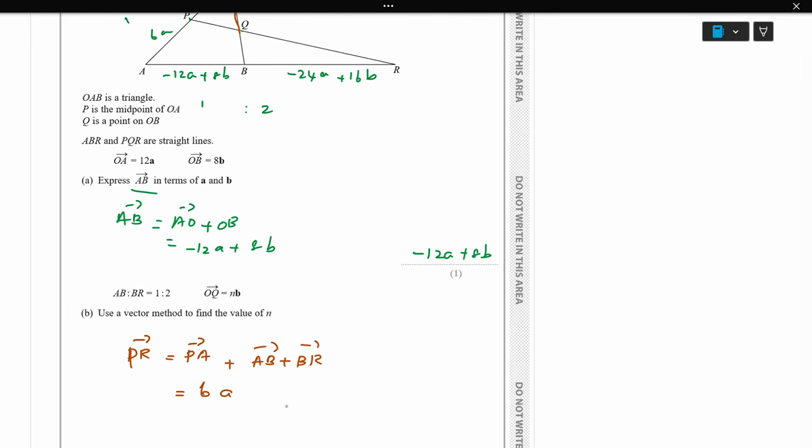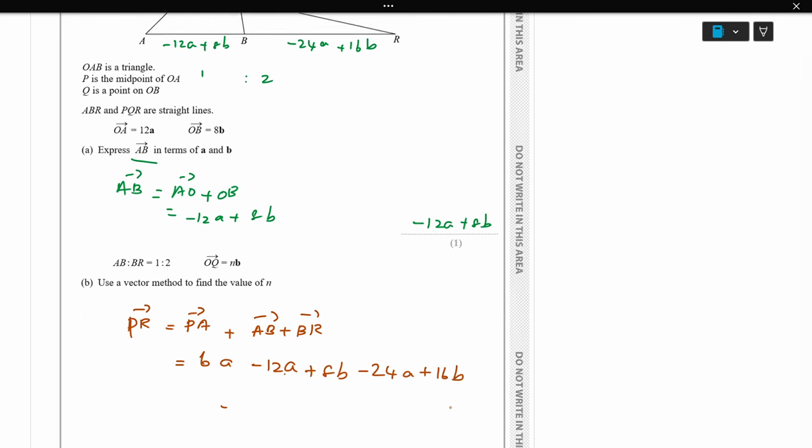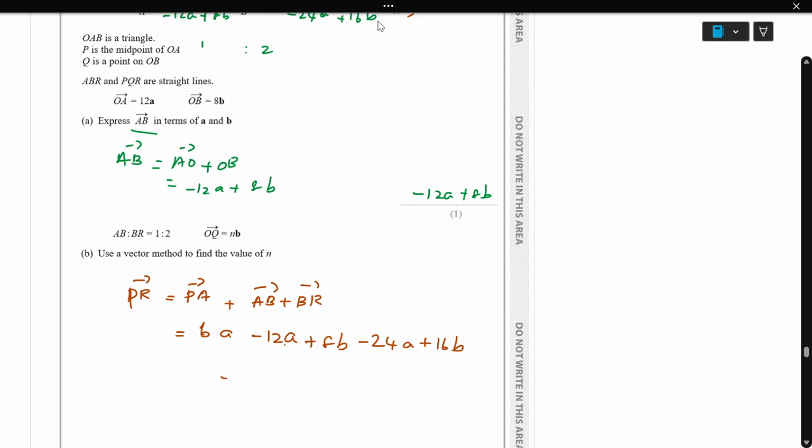PA is going to be positive 6A, AB equal to minus 12A plus 8B, BR is minus 24A plus 16B.